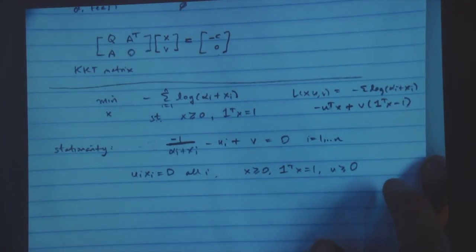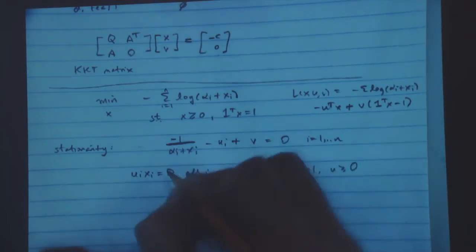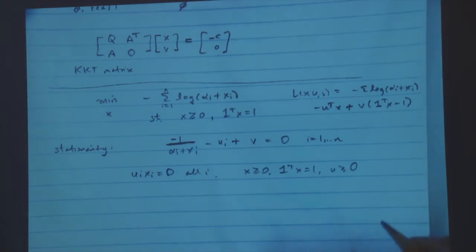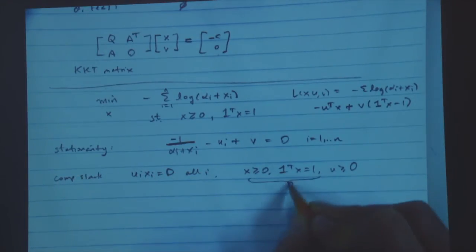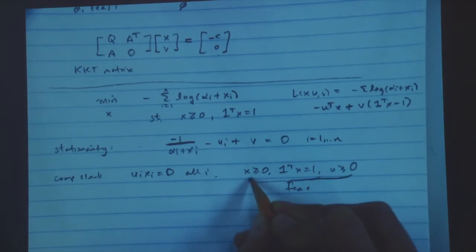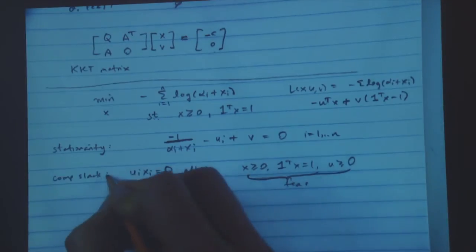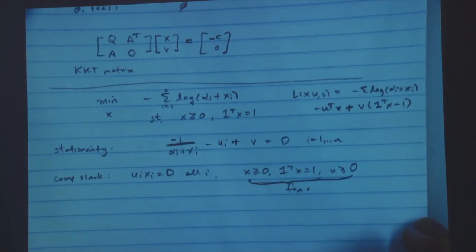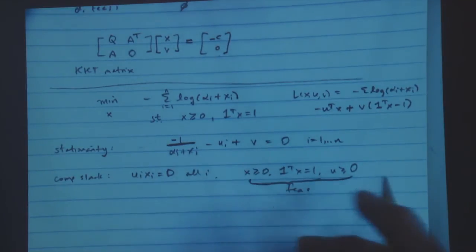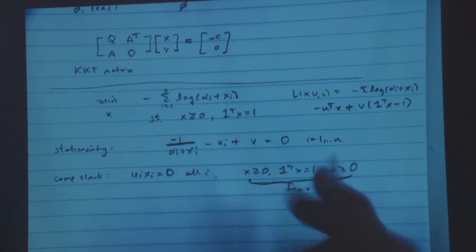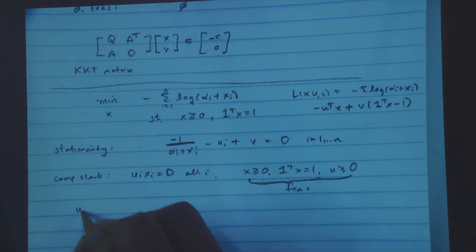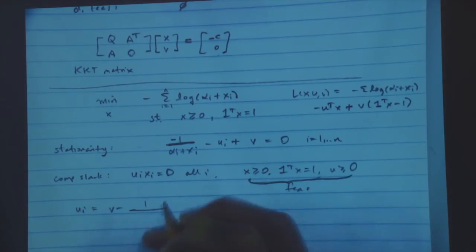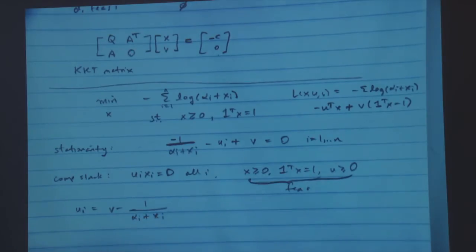So let's first eliminate u from the KKT conditions. This was, by the way, complementary slackness, and these were our feasibility conditions. Let's eliminate u and come up with an equivalent set of conditions, which we can do by solving for u here. Stationarity says that u_i must be equal to v minus 1 over alpha_i plus x_i.